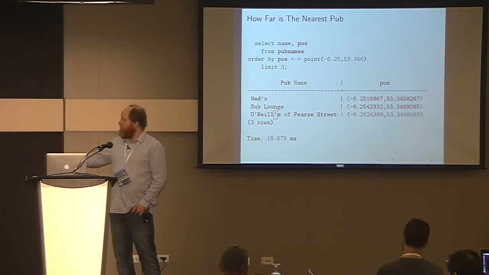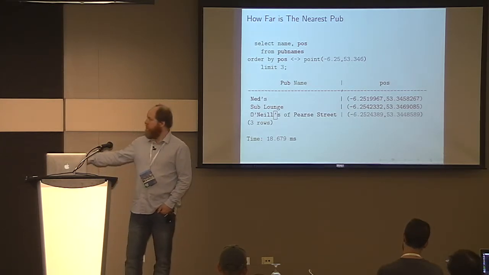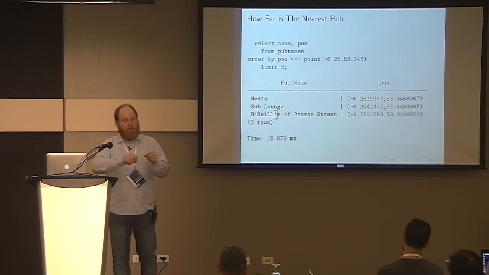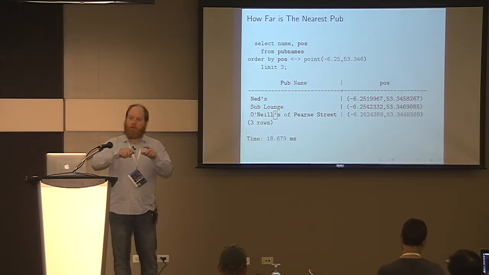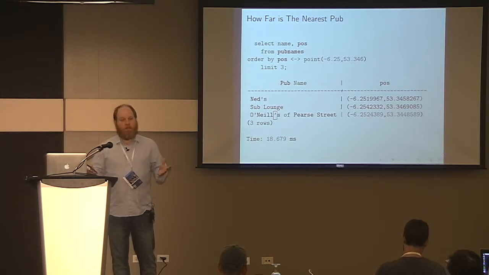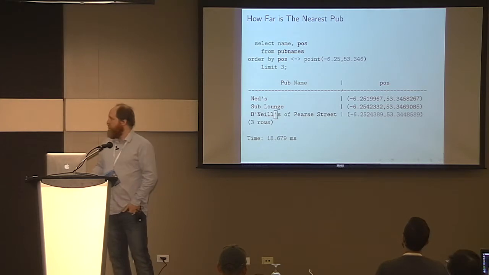That operator here is default in PostgreSQL. It's the distance operator. So you get two positions, and PostgreSQL will compute the distance in between them. But it will do that like we did in school back in the day, with just the vectors and arbitrary units. So the answer is an arbitrary unit.